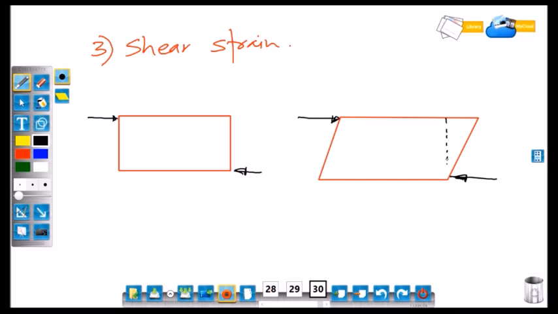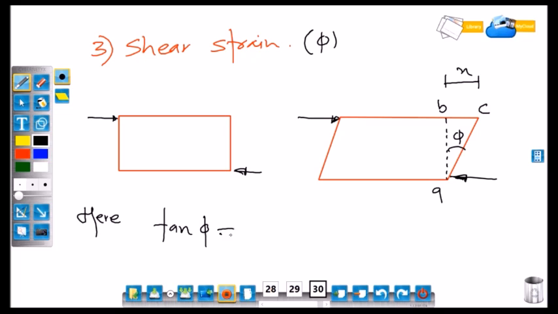So this is triangle ABC and phi is the shear strain. Here tan phi, which is nearly equal to phi, is equal to BC upon AB, that is x upon AB. Here x is the change in dimension along the direction of force. Shear strain is equal to phi.